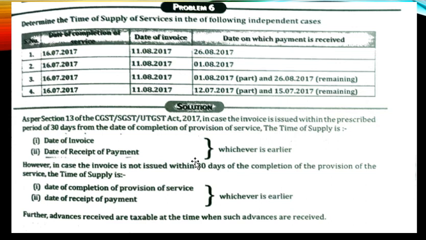If the invoice is not given within 30 days of the completion of provision of services, you take the date of completion of provision of services or date of receipt of payment, whichever is earlier.